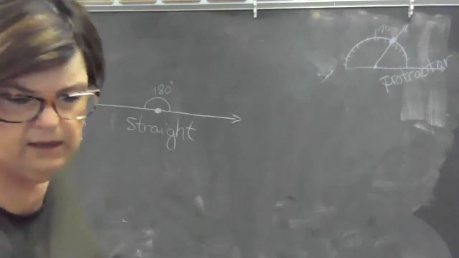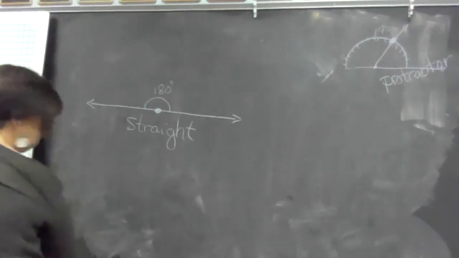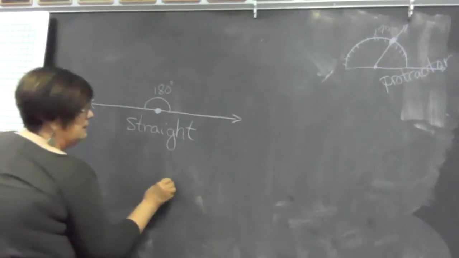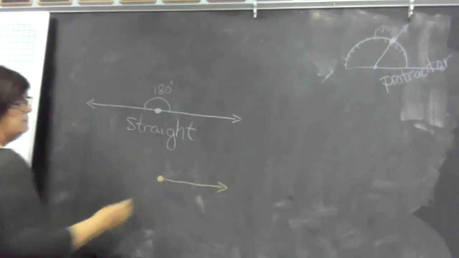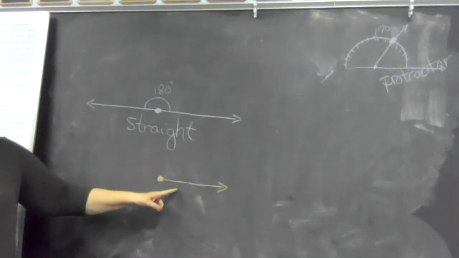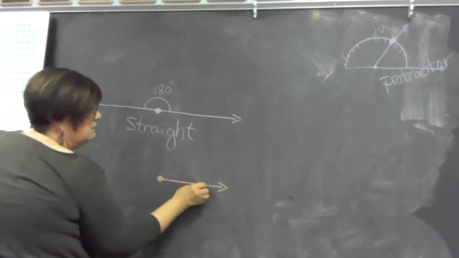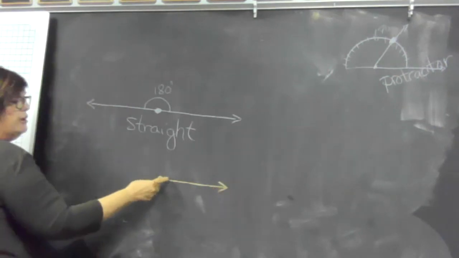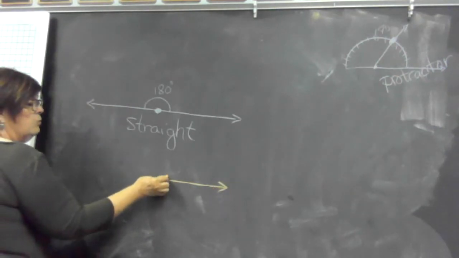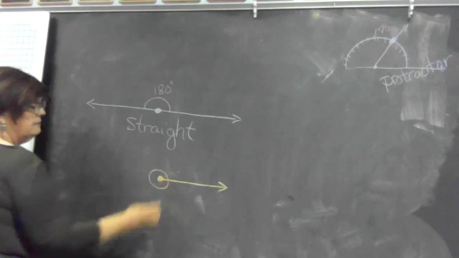Okay? And then they had a complete angle, and I don't know that I've ever taught a complete angle. But here's what it is. Here's the vertex, and there's one side of the angle, right? Here's the other side of the angle, which means that it started here, it went all the way around and came back to the starting place.